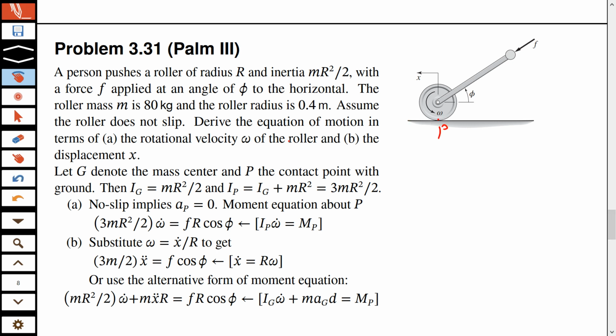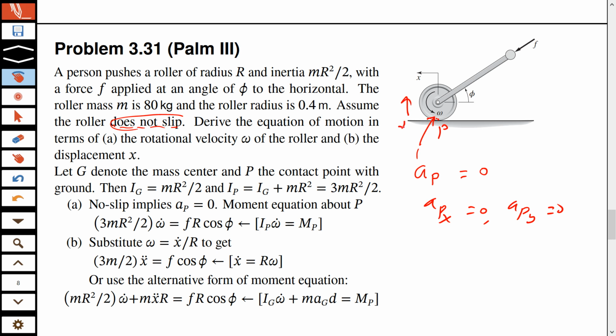और point P पे हमें एक चीज मिल रही है कि it does not slip. इसका मतलब ये है कि यहाँ पे कोई स्लिपिंग नहीं है. तो जब यहाँ पे स्लिपिंग नहीं है तो यहाँ पे एक्सेलरेशन क्या होगा? AP. AP will be 0, and that means that APX is 0 as well as APY is 0.